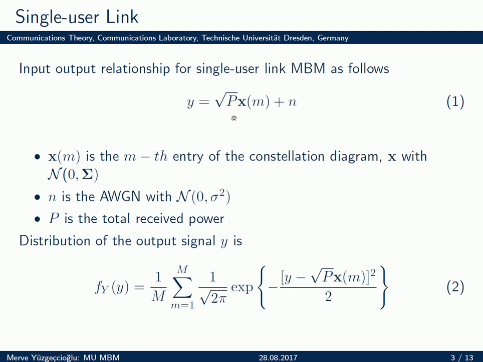Since x_m is one of the channel realizations, it has a Gaussian distribution with zero mean and sigma variance. N is the AWGN with zero mean and sigma squared variance, and P is the total receive power. When we have this structure, the resulting distribution of the output signal is a Gaussian mixture.